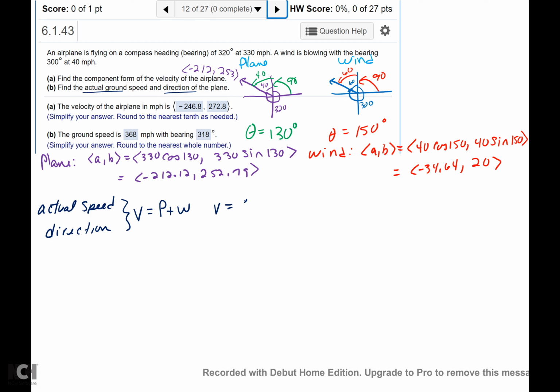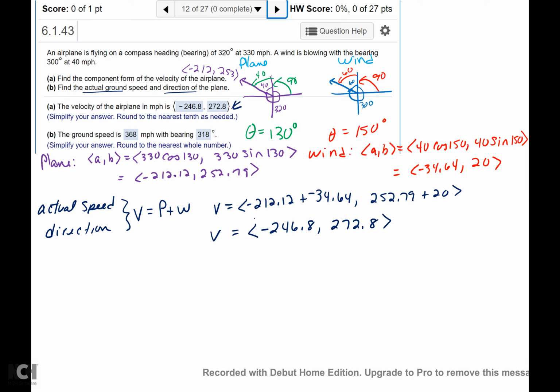So that vector is going to be negative 212.12 plus the negative 34.64 and 252.79 plus 20, which gives me components of negative 246.8 if I round to the nearest tenth, comma 272.8. And that's your components of the actual speed and direction.